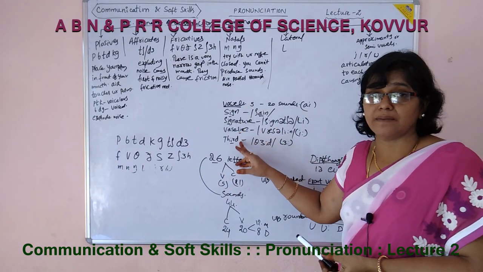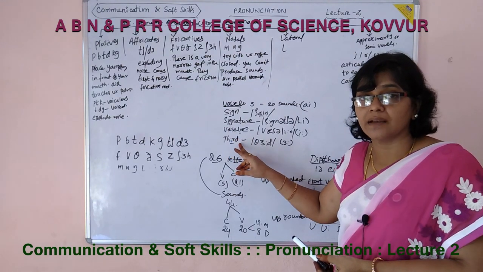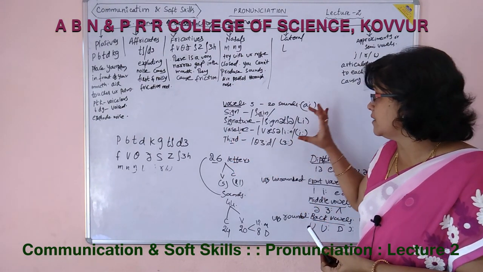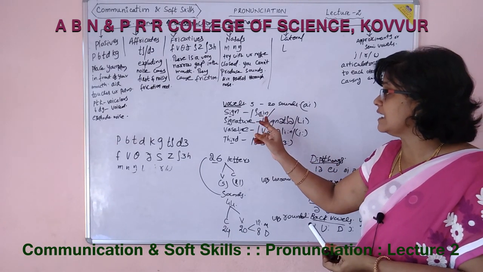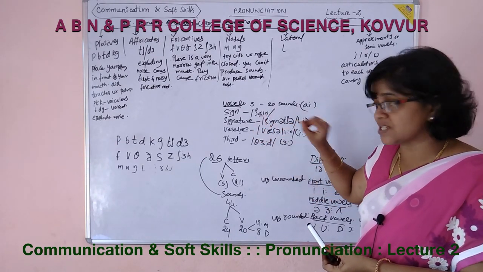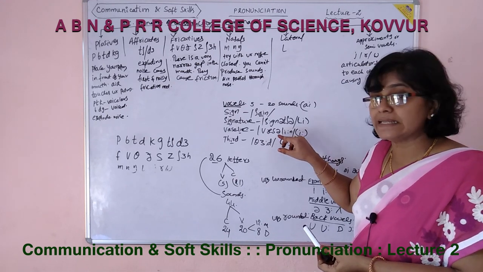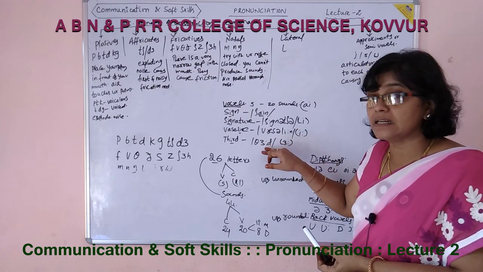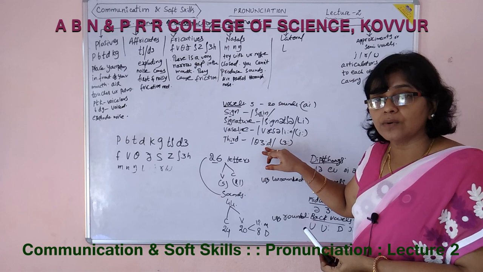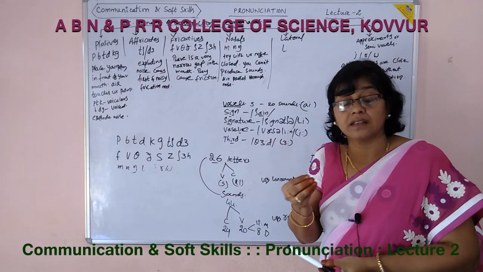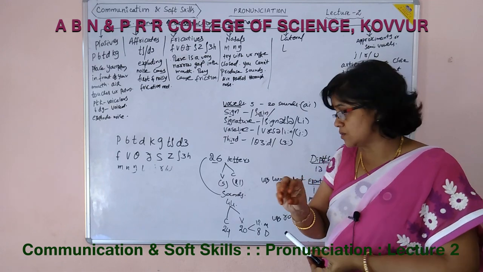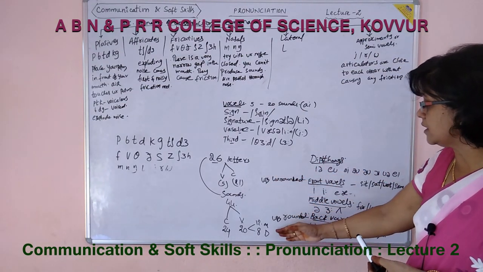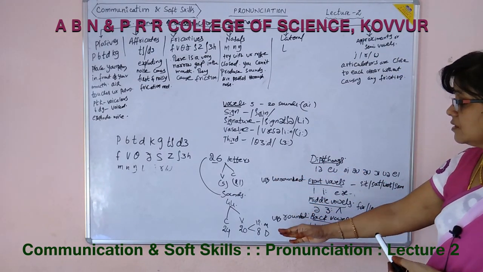The letter I is the same, but it is giving different vowel sounds. So in that way, the 5 vowels give 20 sounds.